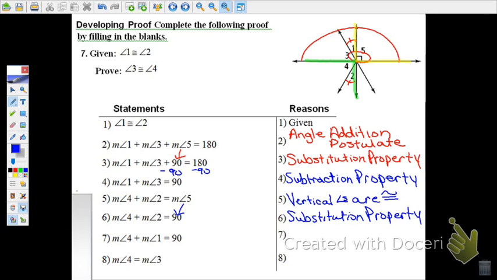Number 7. What's changing to go from 6 to 7?